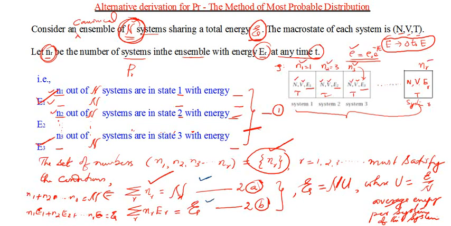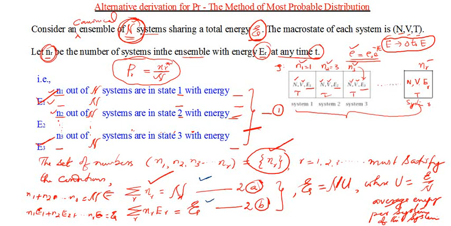So we can say that Pr will be equal to what? Nr divided by total N, because Nr is the number of systems in the ensemble having an energy Er, and N is the total number of systems in the ensemble. So of course Pr will be equal to Nr by N, provided that Nr corresponds to the most probable distribution that the system can have.